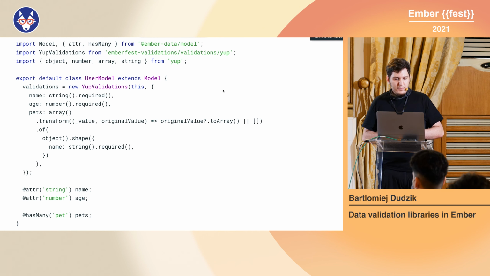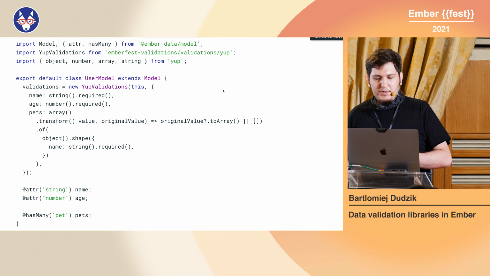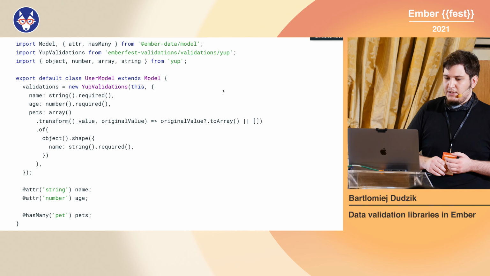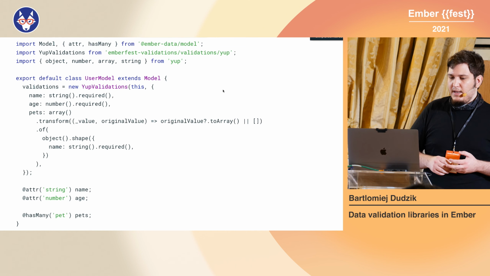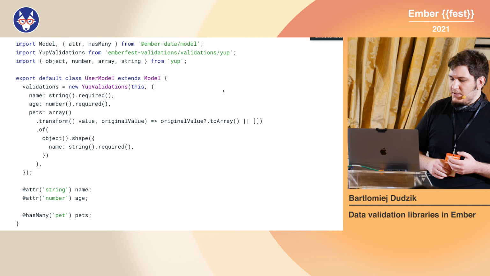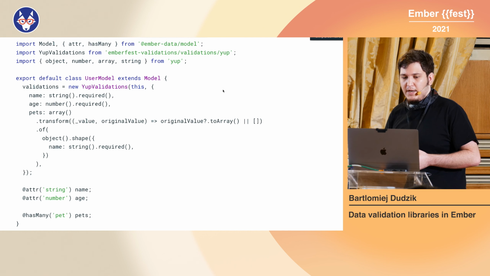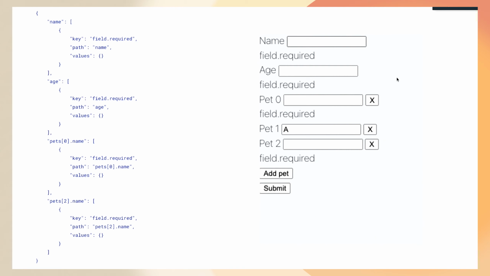So here we basically say that we want to transform the model into a list, and then we only allow the valid shape over here, which is basically the same as what we provided to pet. So we have object shape, and name is required.